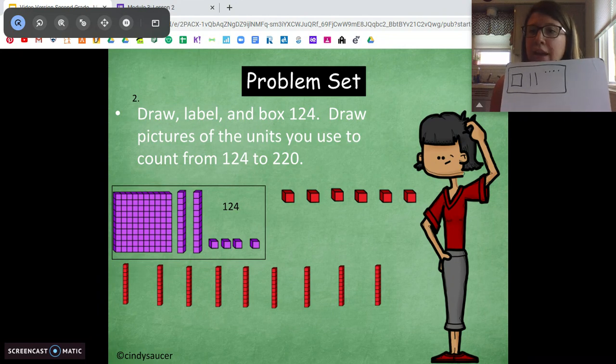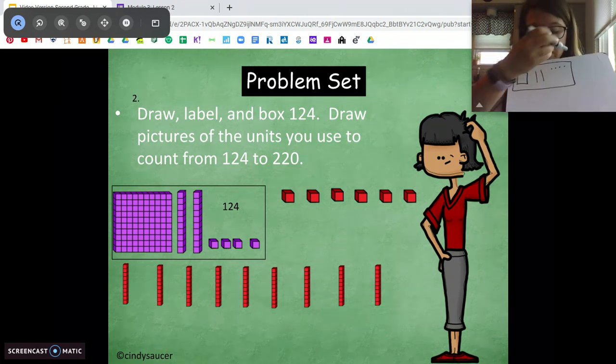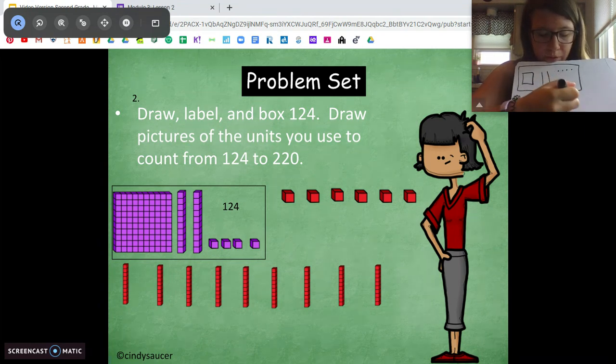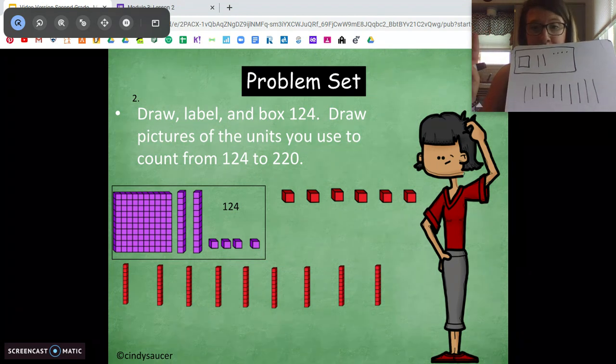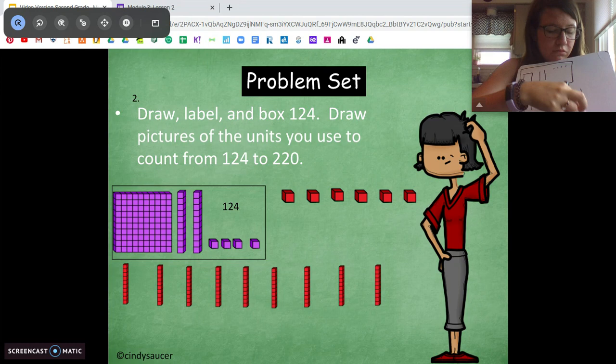Now, just like we did together, we're going to start counting by tens because it's much easier than counting by ones. So we're at 124, 134, 144, 154, 164, 174, 184, 194, 200, 210, 220. And I'm going to pause. Nope. I messed that up.